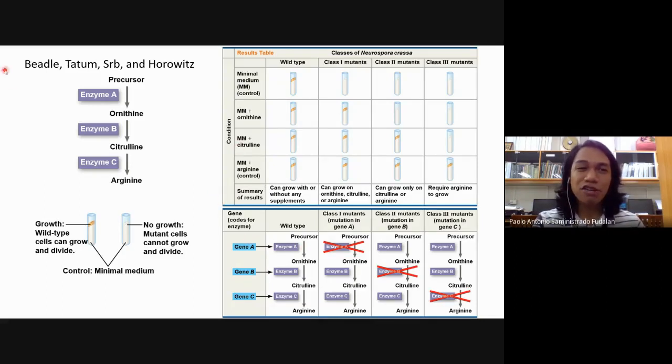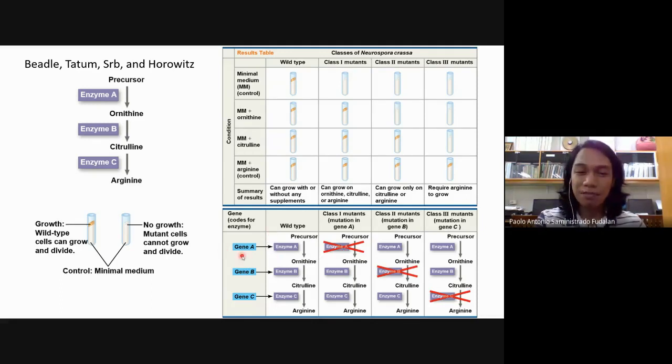And the explanation of Beadle and Tatum and Srb and Horowitz here is that the mutants lack enzymes because the genes that make those enzymes, remember enzymes are proteins, di ba? Okay? And proteins are made from genes, no? The instruction from genes.